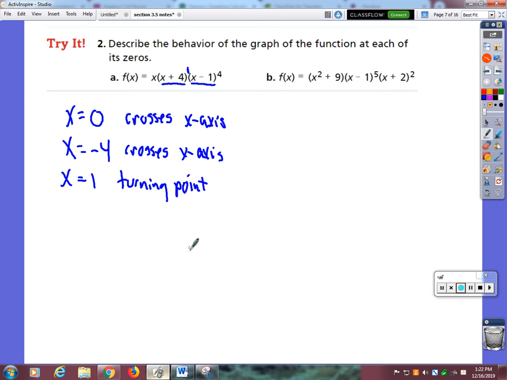We're not talking about whether the zeros themselves are odd or even. We're talking about the exponent that goes with the factor. Whether that is odd or even. So 4 goes with that one. So 4 is even, so that's why it's a turning point. All evens are turning points. All odds are crosses.